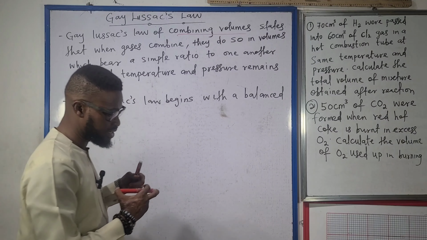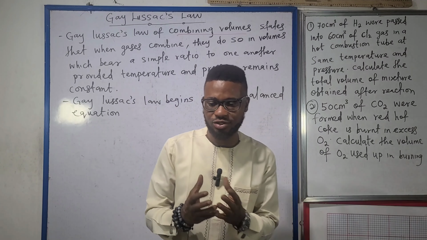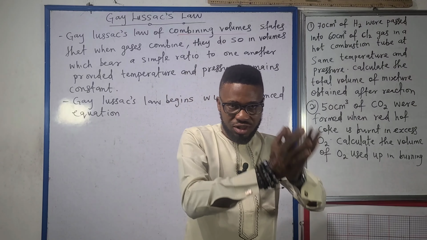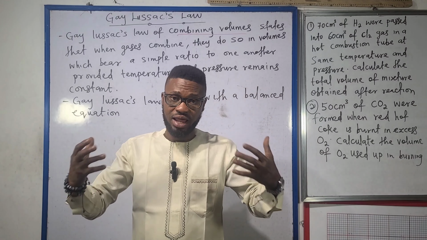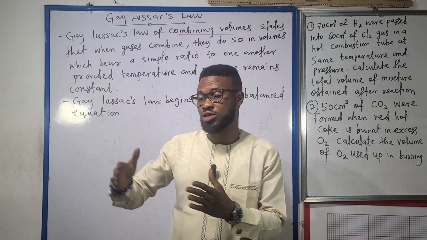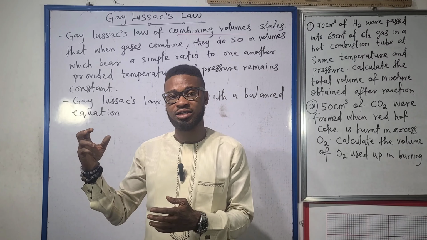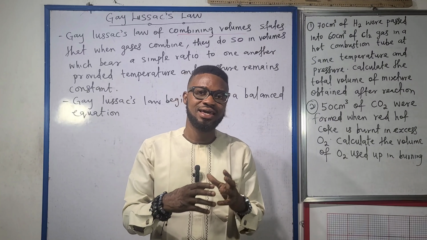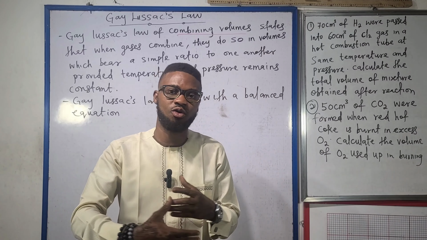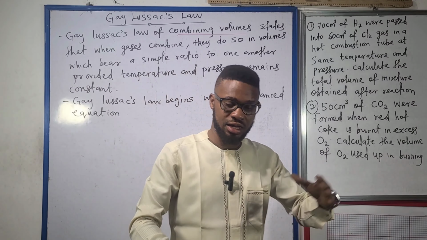What this is clearly telling us is that when gases combine, we will have a normally balanced equation. So according to the mole ratio we have in that equation, so is going to be the distribution in terms of volumes of gases combining in relation to reactants and products.